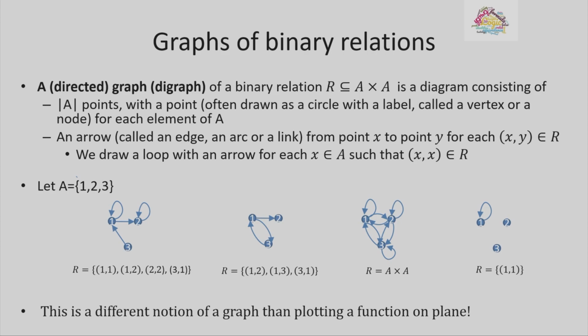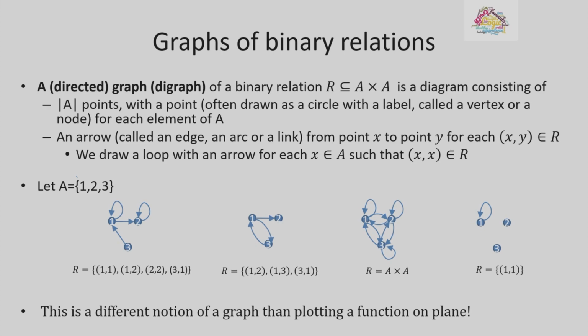So what is a graph? A graph is a visualization of a binary relation which is a product of a certain set with itself. And that's a diagram that has a point for every element of your set A and has an arrow, a connection between 2 points if the first point is related to the second one.